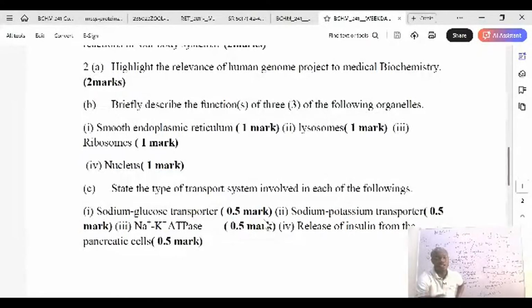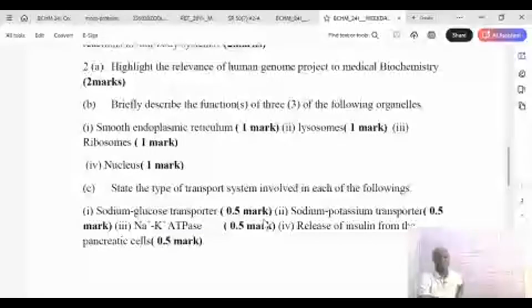Excellent, the answer is exocytosis, because insulin is a large protein molecule. Therefore it moves out of the pancreatic cells using exocytosis. So, ladies and gentlemen, we have now answered questions 1 and 2 with a very clear explanation.